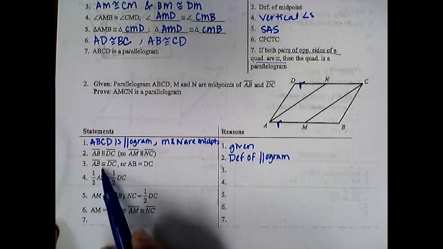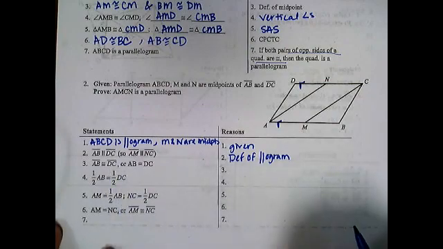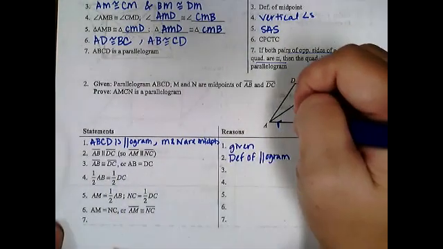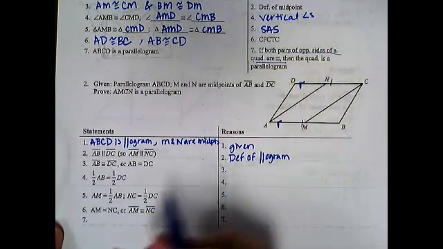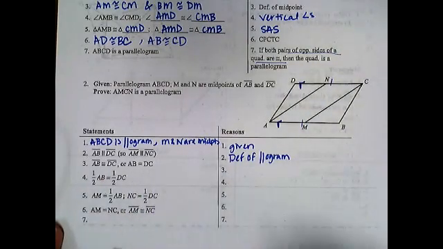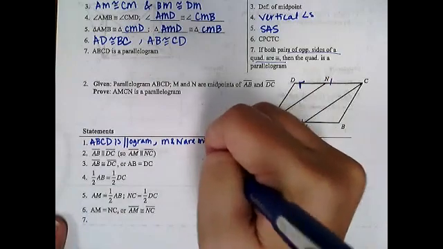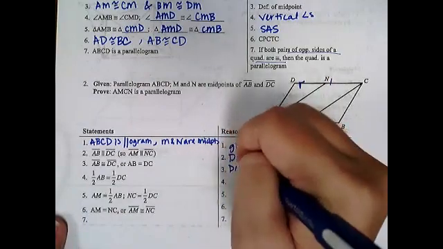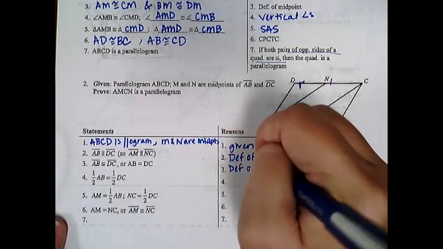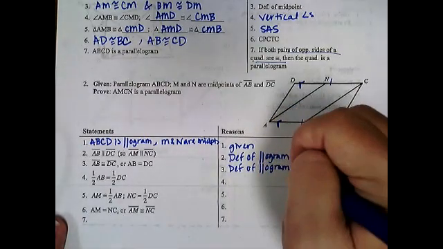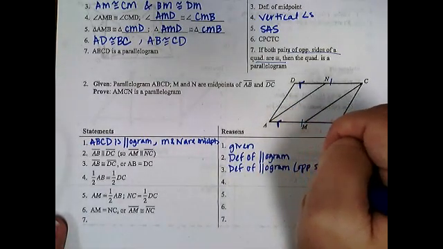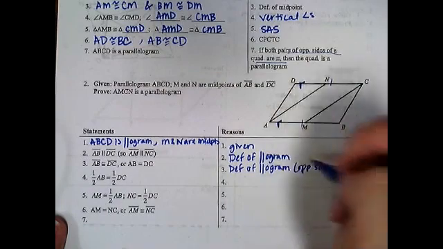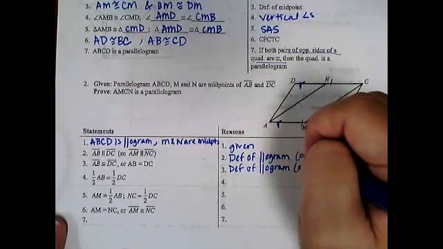AB is congruent to DC, or AB is equal to DC. This is by the definition of parallelogram because opposite sides are congruent. The first part there would have been opposite sides parallel.